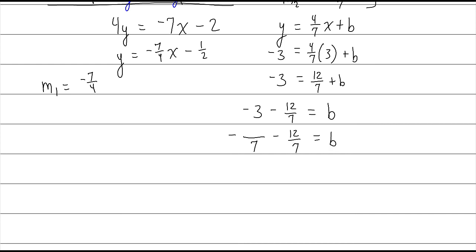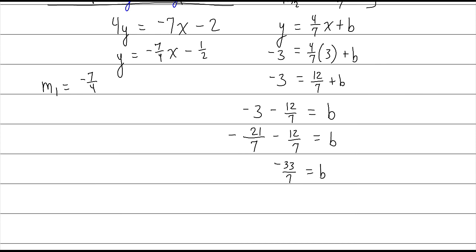To figure out what goes on top, just multiply the whole number by the denominator that I want. 3 times 7 is 21. Do a quick mental check. 21 over 7 reduces down to 3. So we're all good there. So we have -21 over 7 minus 12 over 7. -21 minus 12 is -33 over 7.